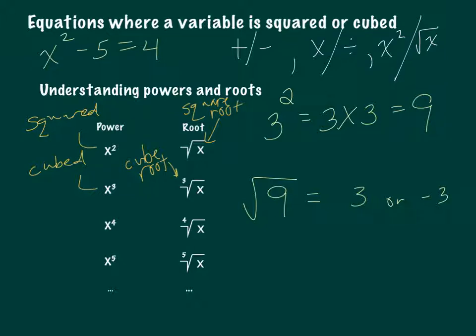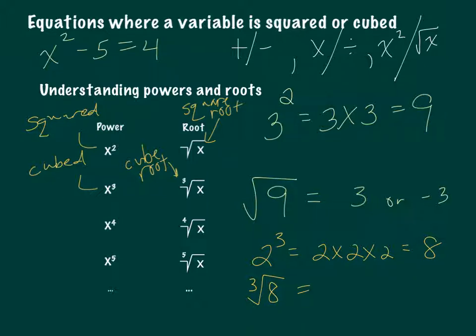And last, let's take a second to look at cubing something. If you had the number 2 and you cubed it, that would mean 2 times 2 times 2. That would bring you to 8. 2 times 2 is 4, 4 times 2 is 8. The opposite of that would be the cube root of 8. What that asks is, what number, when you multiply three of them together, gives you 8?